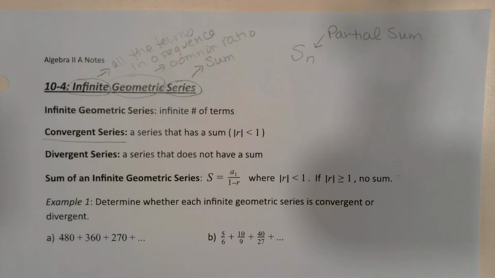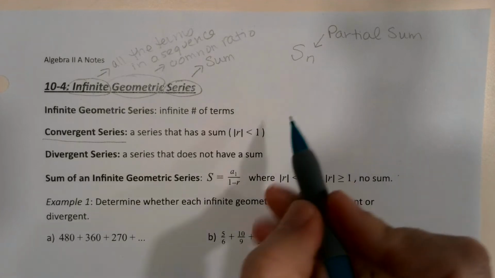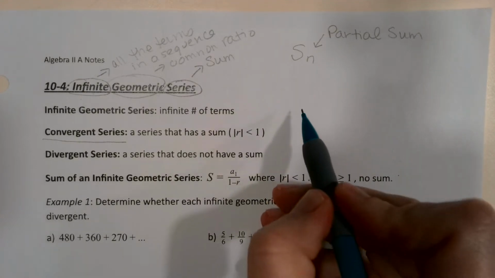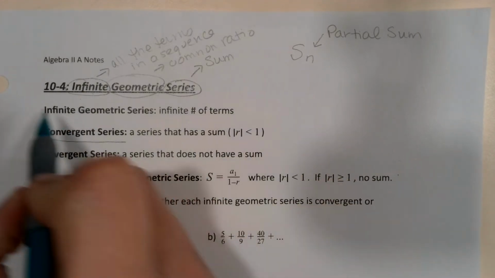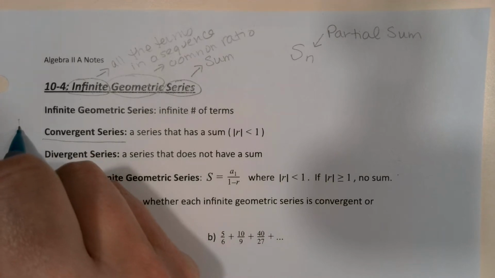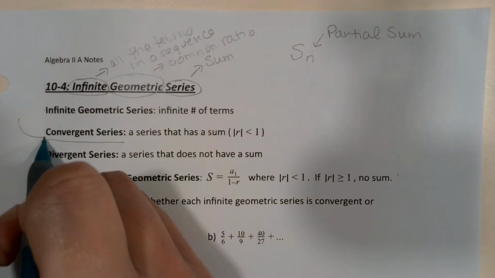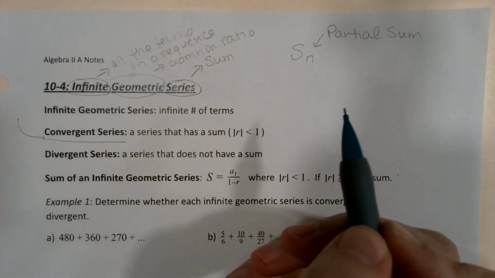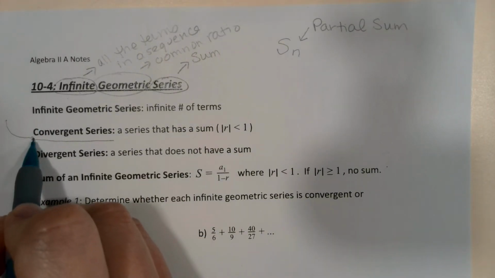These start with a term that's really big, and then as we come down towards 0, the terms get smaller and smaller, and keep getting closer to 0. So we can find a sum for them because eventually those terms aren't going to add any value to our series.